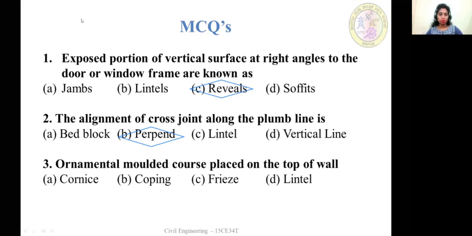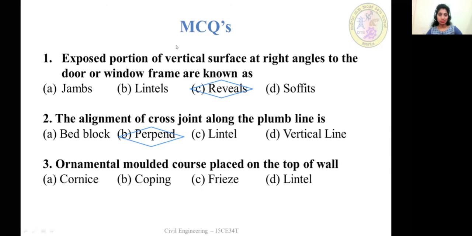Ornamental molded cores placed on the top of wall. I'm repeating the question. Ornamental molded cores placed on the top of wall. Option A, cornice. Option B, coping. Option C, frieze. And option D is lintel. Try to solve the question.